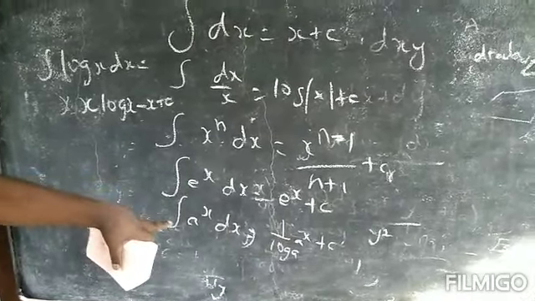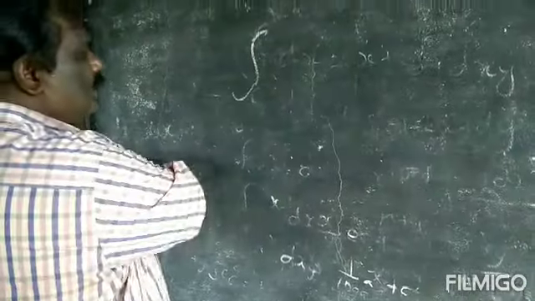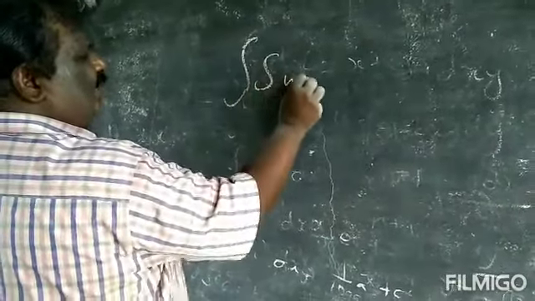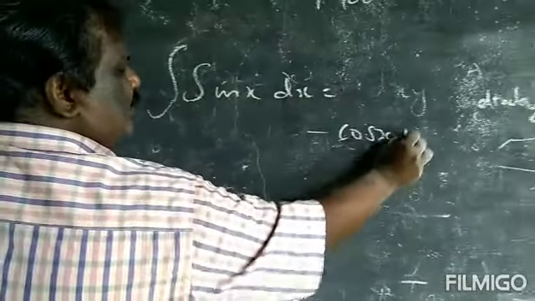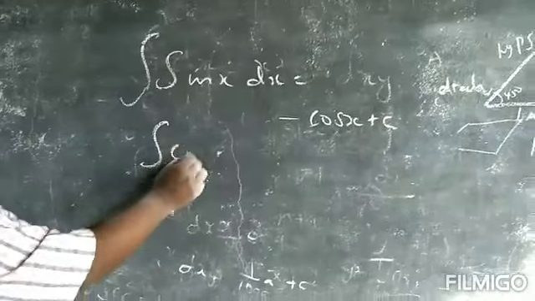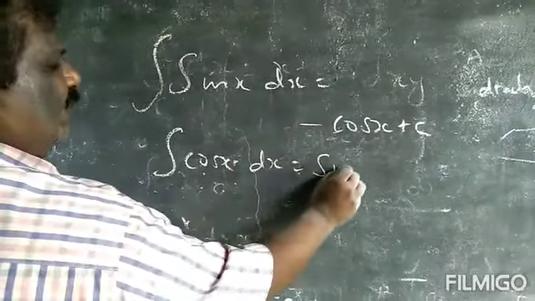Thereafter we are going to discuss the important formulas connected with trigonometric functions. Integral sin x dx is equal to minus cos x plus c. Integral cos x dx is equal to sin x plus c.